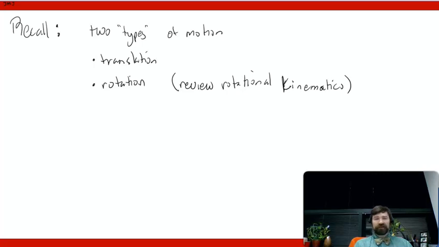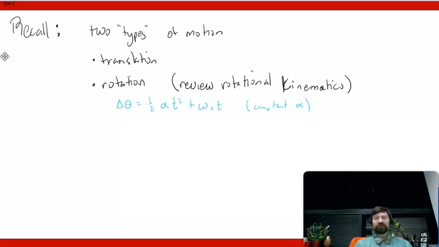So things like delta theta is equal to 1/2 alpha t squared plus omega naught t for constant alpha. That kind of stuff. There's also another one about tangential and centripetal motion, which you might also want to review before watching this one.